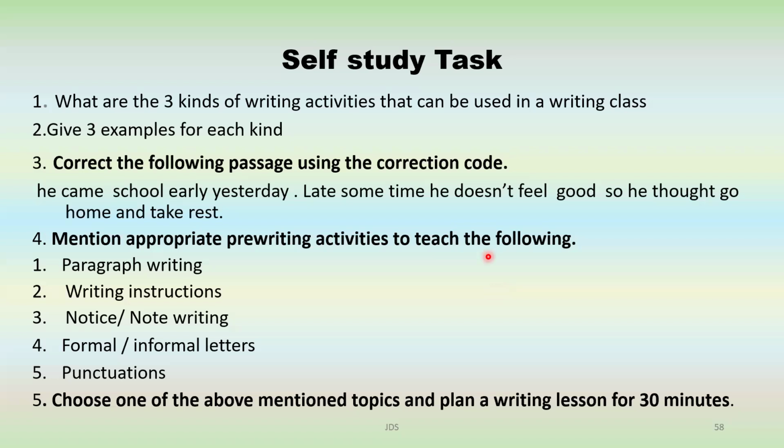Likewise, you decide on any kind of pre-writing activities. We saw some pre-writing activities for young learners as well as for beginners. Now, paragraph writing usually is done with young learners. Thereby, write any two pre-writing activities. One for paragraph writing, then instruction, two for each.